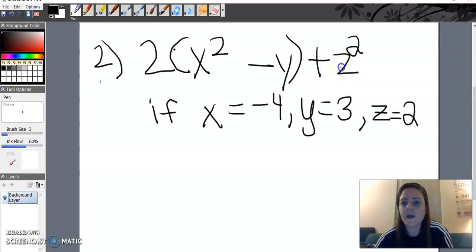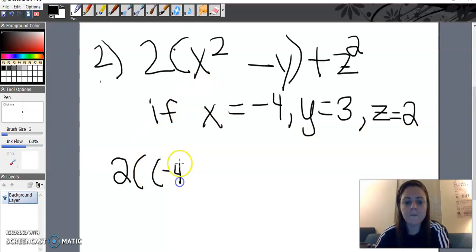Now I'll do this so that you can tell that my z is a little bit different than a 2. So again, when you're doing this, anytime you see an x, you'll put a -4. So we write the whole problem over again. 2, and now we have x squared. So we're going to have -4 squared minus our y.